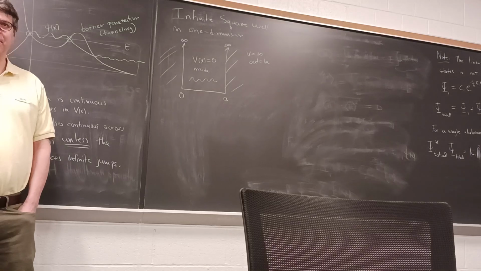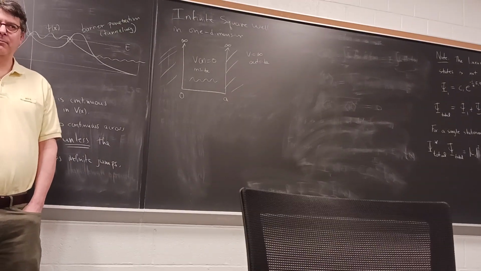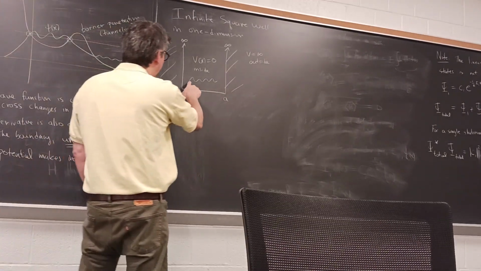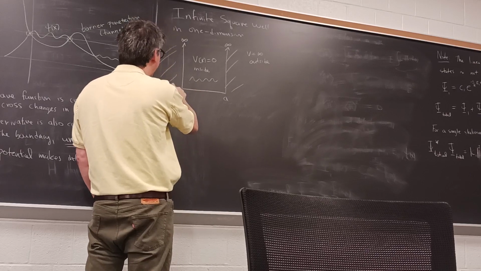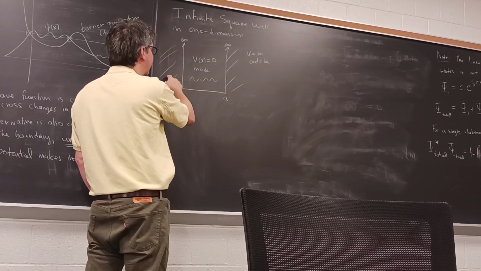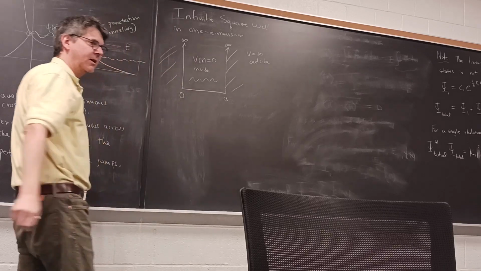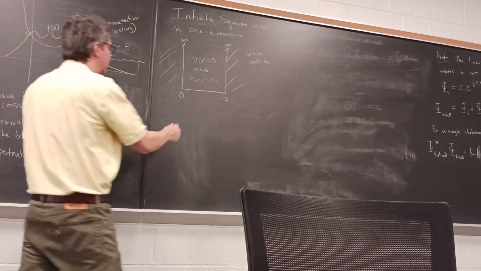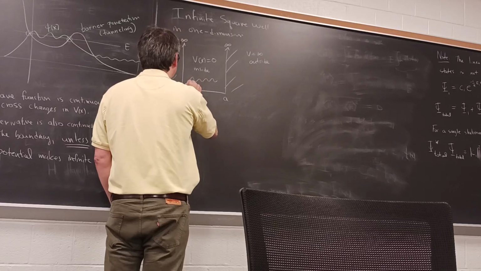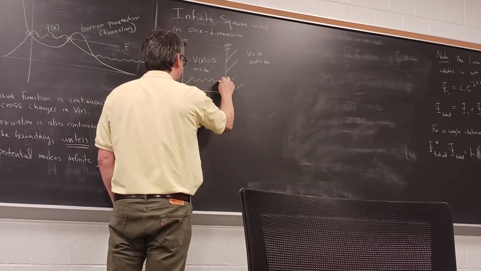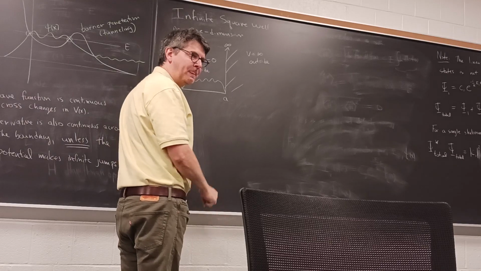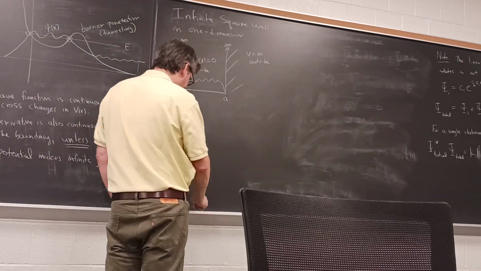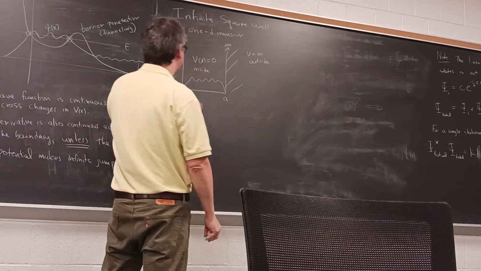But there's no probability for finding a particle outside because the potential is infinite. So whatever we draw in the box has to go to 0 at the edges of the box. Okay, so that's the general solution.